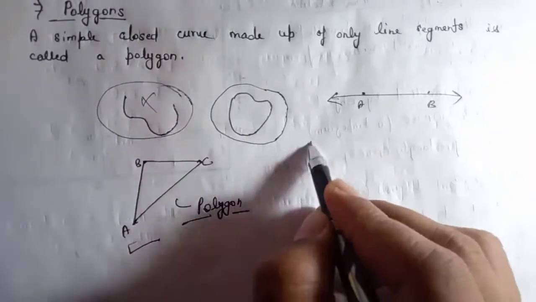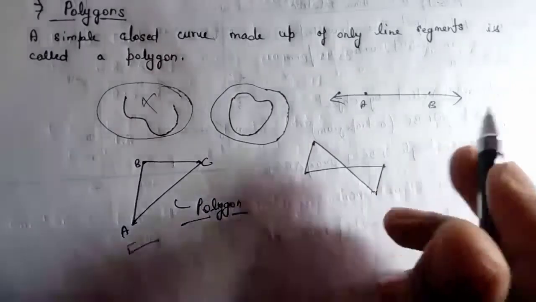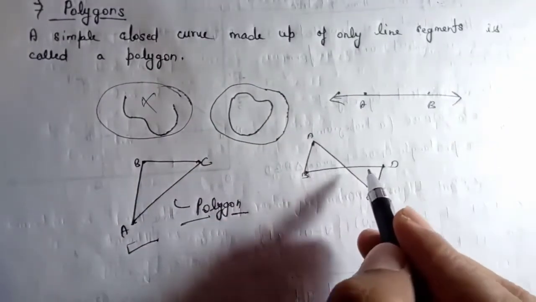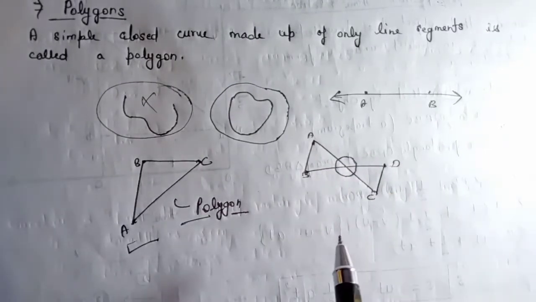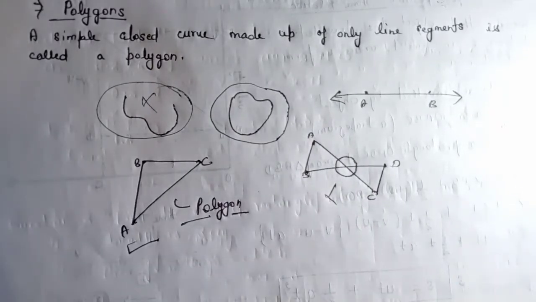If I draw a diagram like this, you can say, sir, there are line segments in this diagram, but remember this is not a simple curve. Here at this point it crosses itself, and that is why it is not a polygon. So a polygon must be made up of a simple curve.